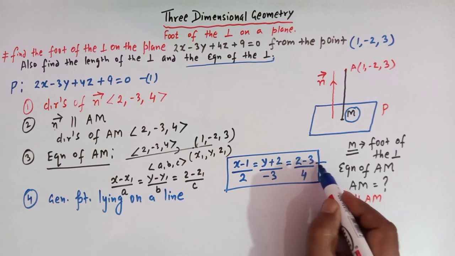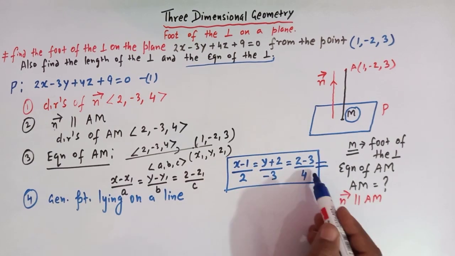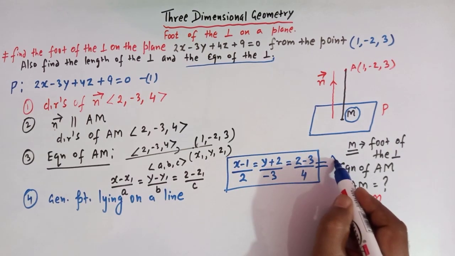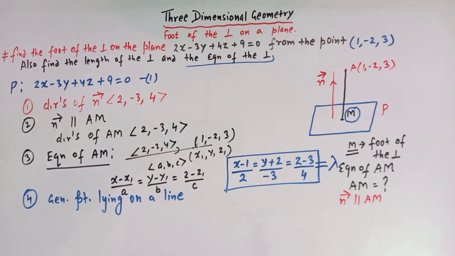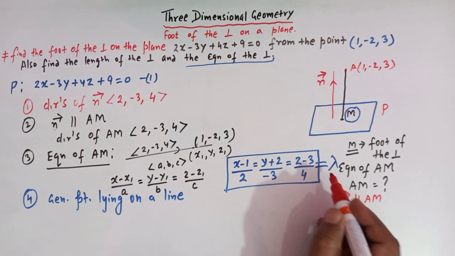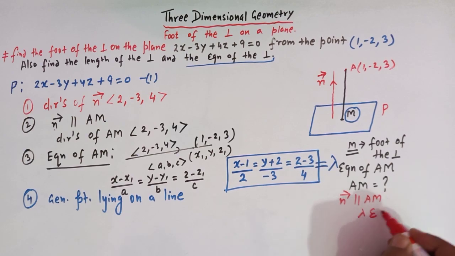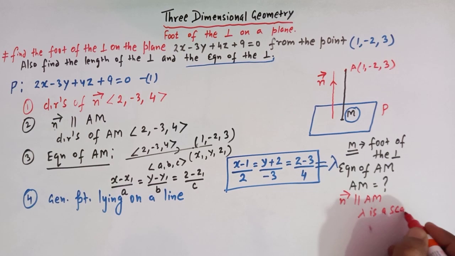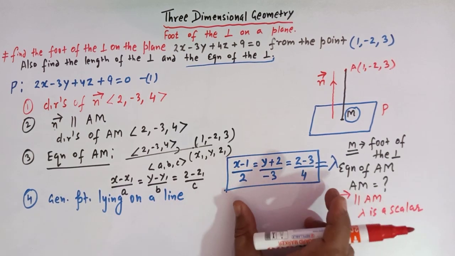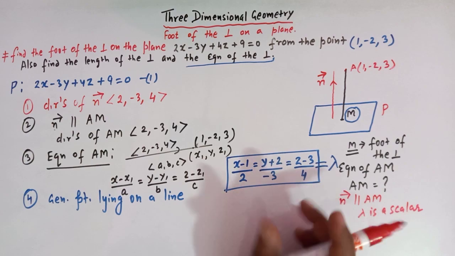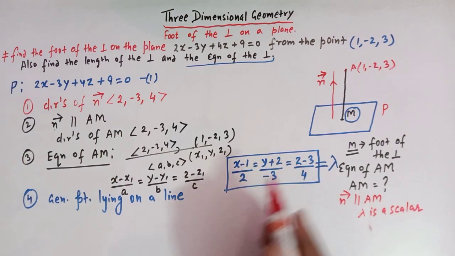So in the equation of AM, we'll take a scalar lambda, and from this equation we'll find the value of x, y, and z, right?